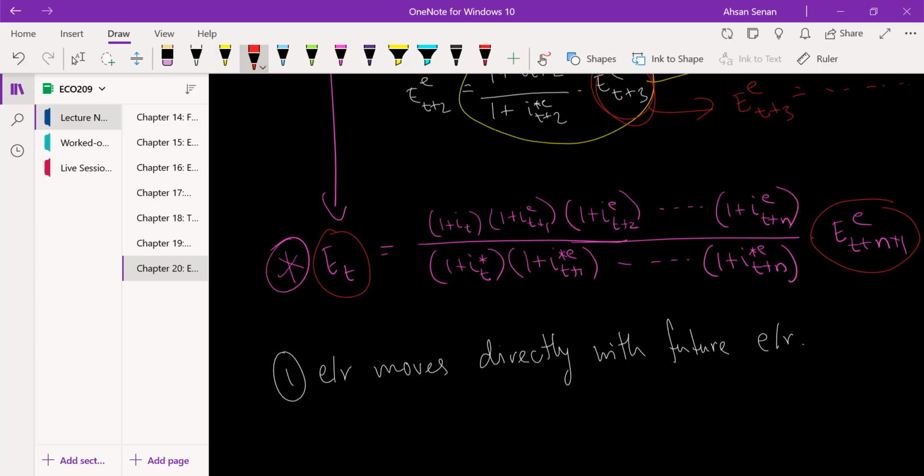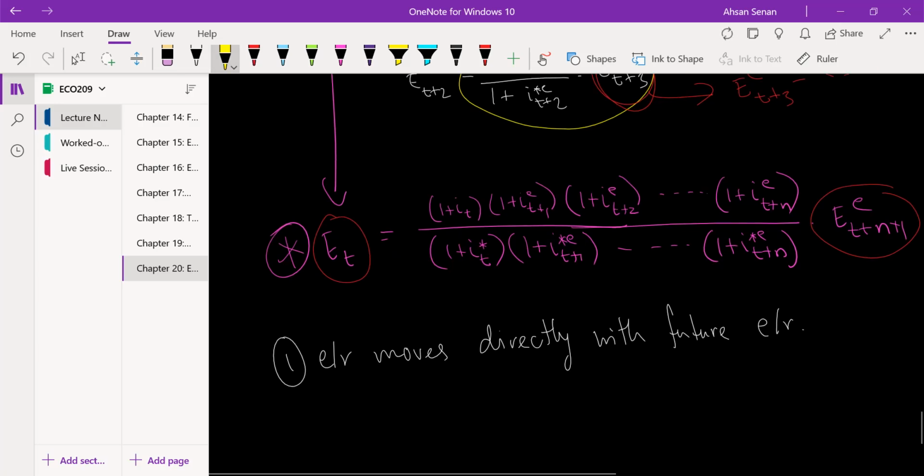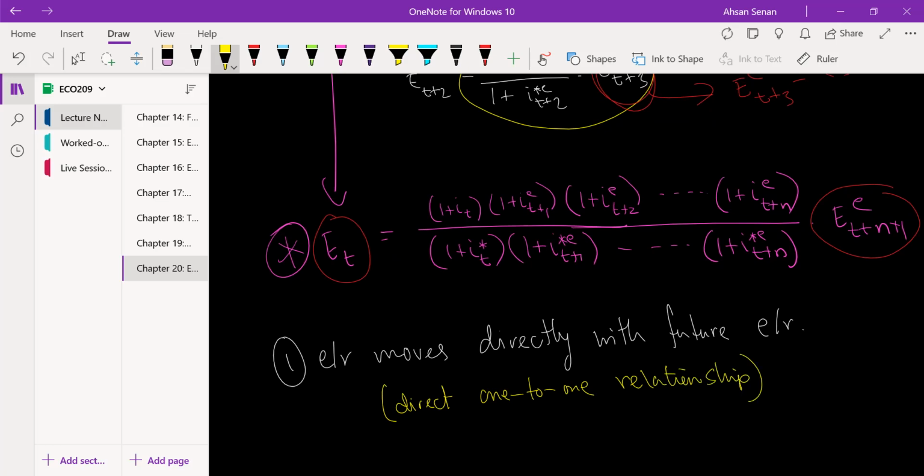And it's important that I write this down. This is a direct one-to-one relationship. Right? What that means is that if this moves by 5, this will also move by 5.